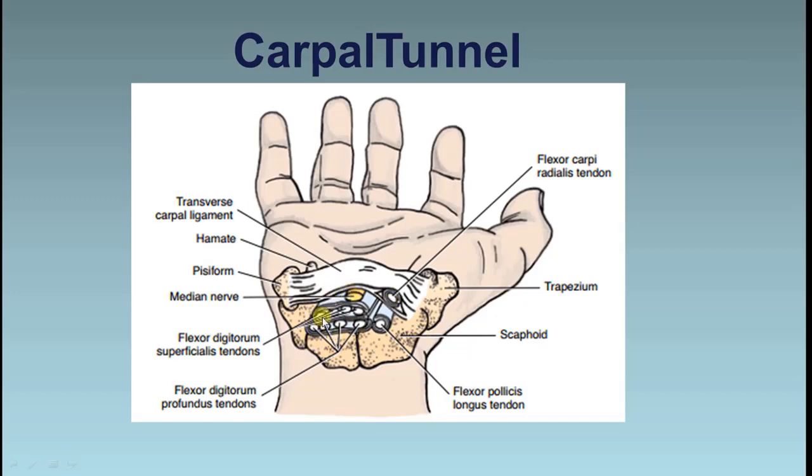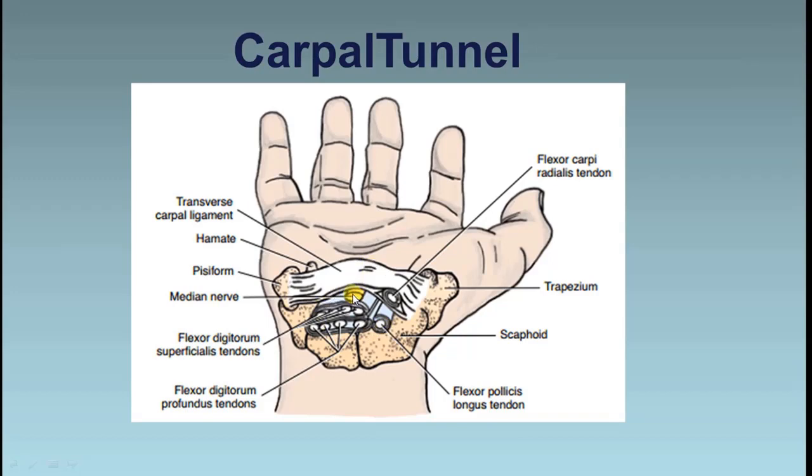A narrow passage for the 4 tendons of flexor digitorum superficialis, 4 tendons of flexor digitorum profundus, then flexor pollicis longus in a separate compartment with its synovial sheath, and also you are able to see flexor carpi radialis. So with almost 4 plus 4, 8, and 9 tendons, it is crowded, and the median nerve also passes through that.